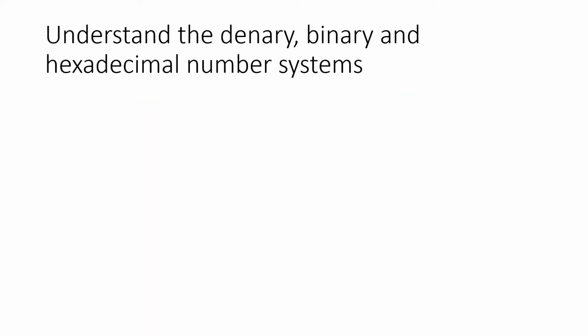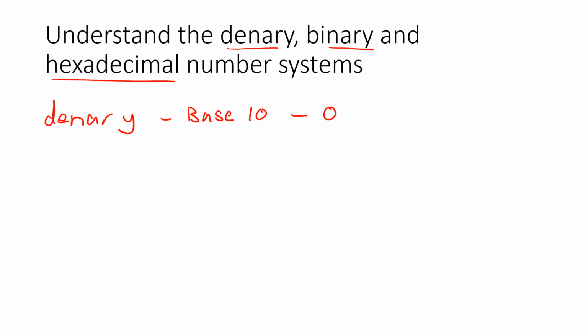Next we need to look at different number systems and see if we understand what they are. The number systems we need to look at are denary, binary, and hexadecimal. So denary is a base 10 number system, and it's called base 10 because it uses numbers from 0 all the way up to 9.